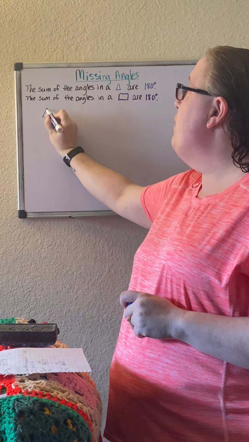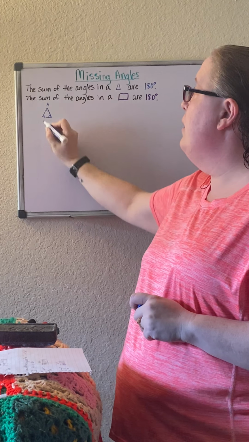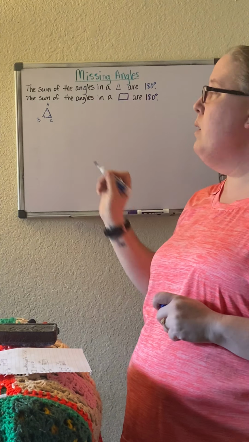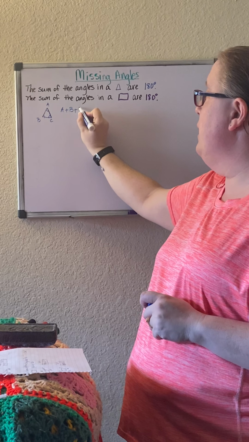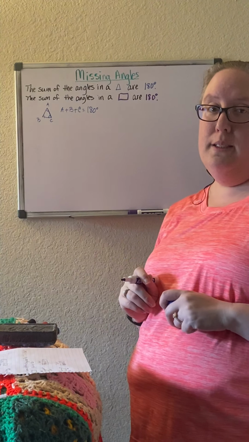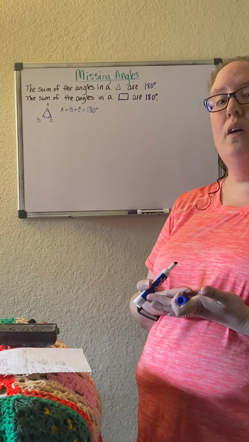If I have, let's say, this is angle A, angle B, and angle C, and I add those together, A plus B plus C, I always get 180 degrees. No more, no less.